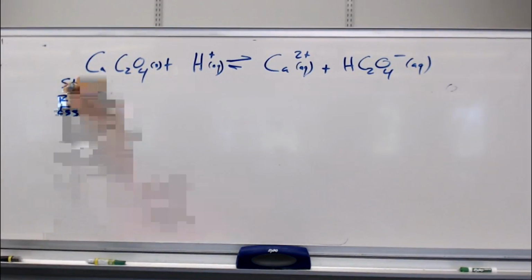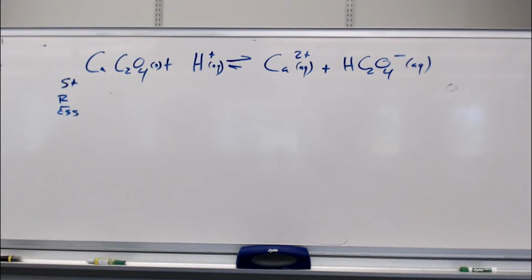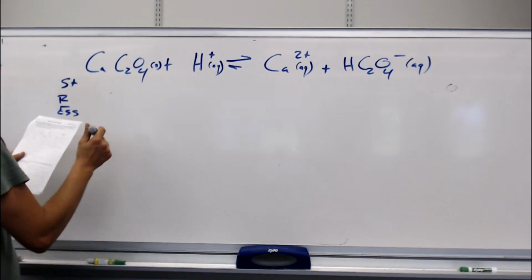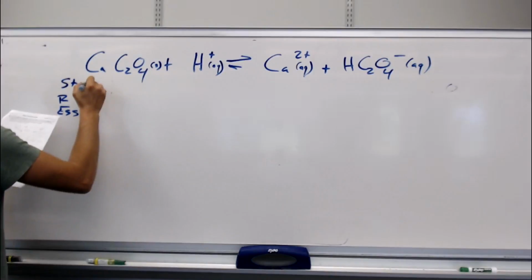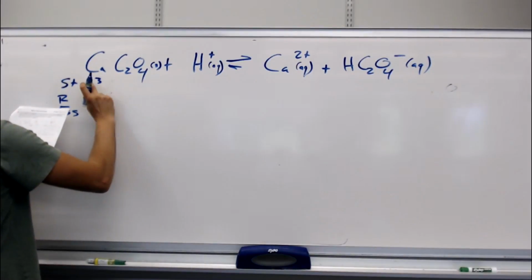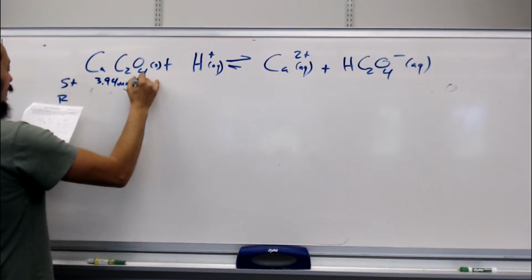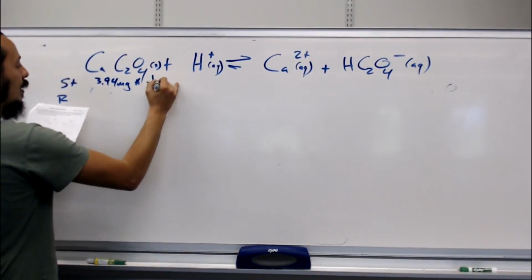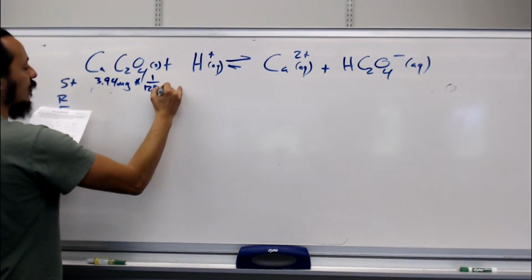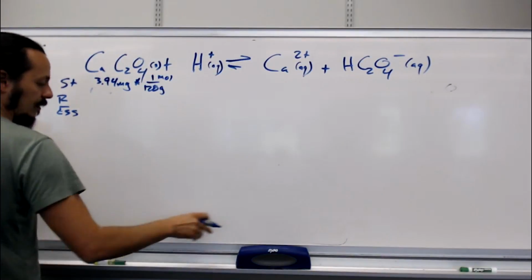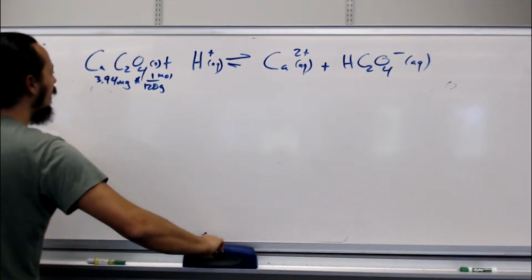Our stoichiometry step is going to be 3.94 milligrams times 1 mole over 128, that's grams per mole. Let me give myself a little bit more space.